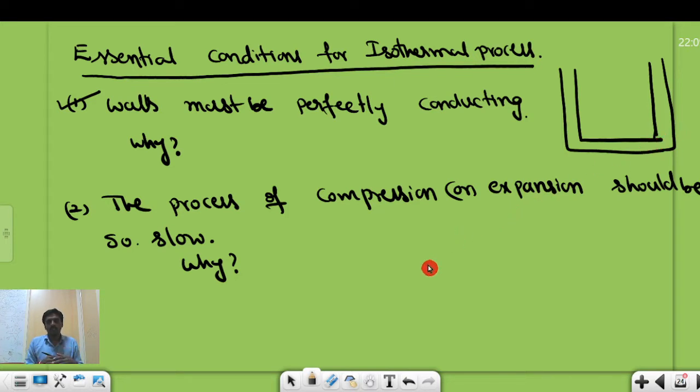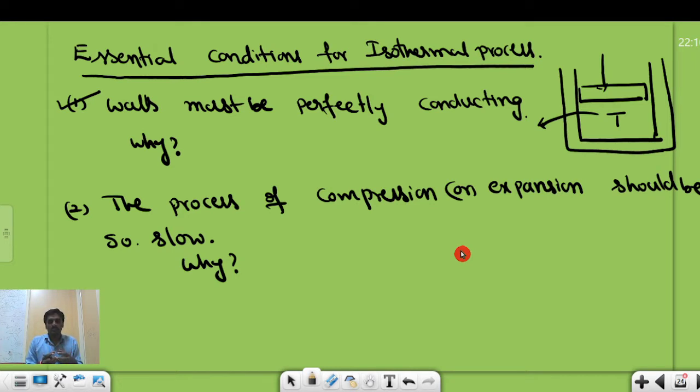That means they are perfectly conducting walls. What is the importance of this? What is the use of this condition? When heat is supplied to the system, the heat must be transferred from the system to the surroundings, so that the system is maintained at constant temperature. Once again, the walls of the system must be perfectly diathermic walls, that is, perfectly conducting walls.